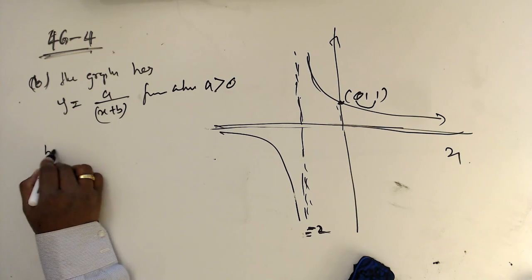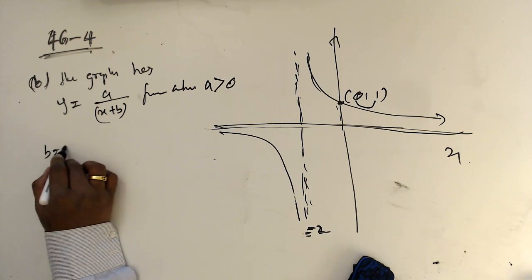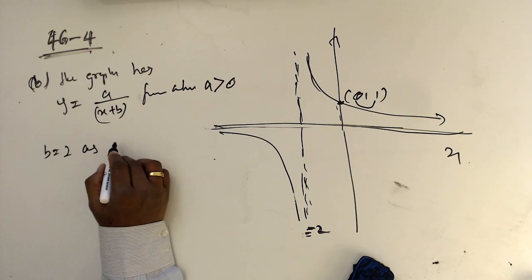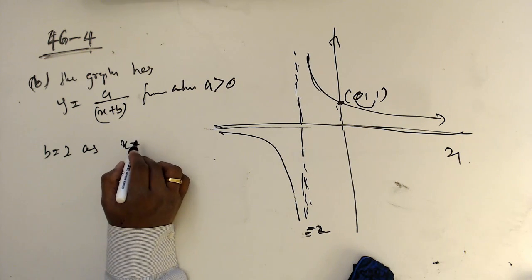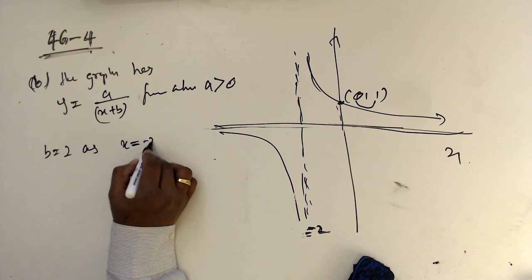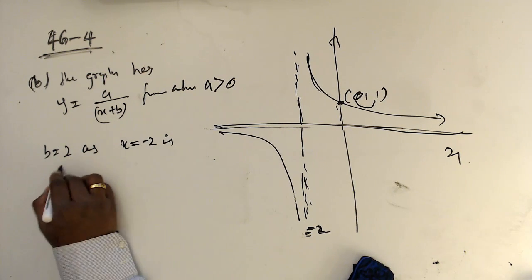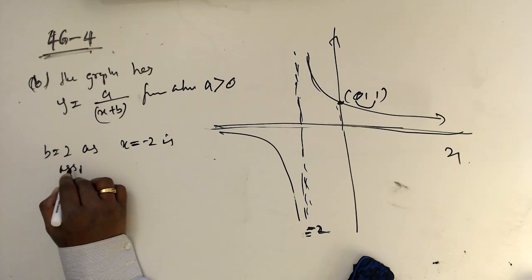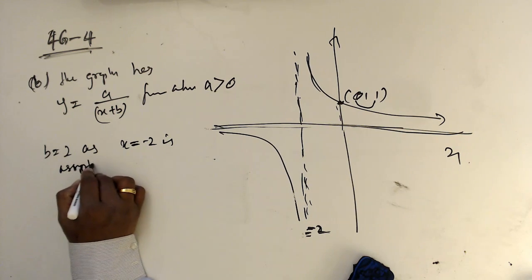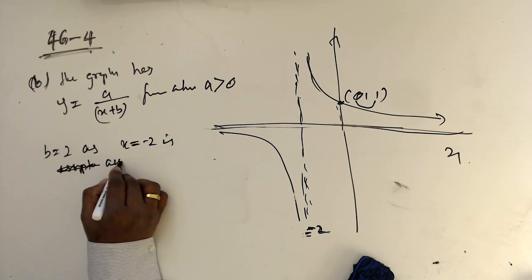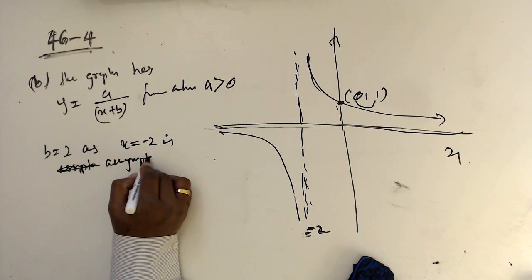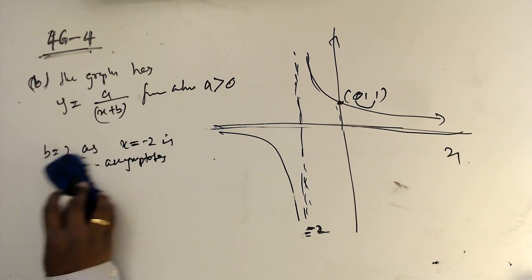Then b equals 2, as x equals minus 2 is the asymptote.